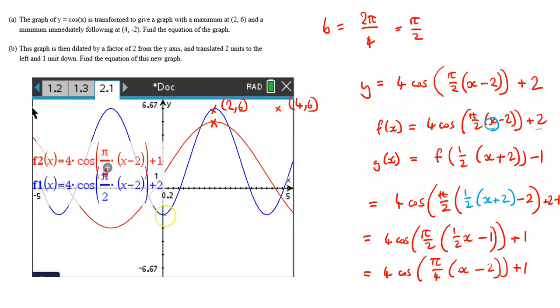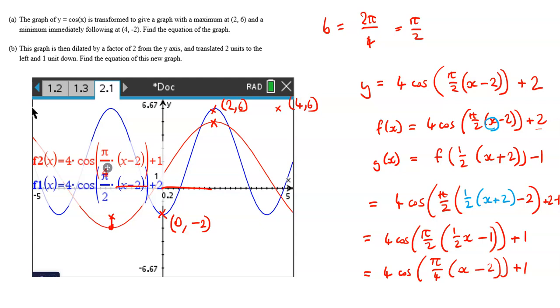And we might also consider this minimum value here, which we can see from the graph is going to be 0, minus 1. Oh, minus 2. The dilation of a factor of 2 wouldn't matter because it's on the y-axis already. Then it's going to go 2 to the left, that distance again, 1 unit down, and we can see that has all worked out.